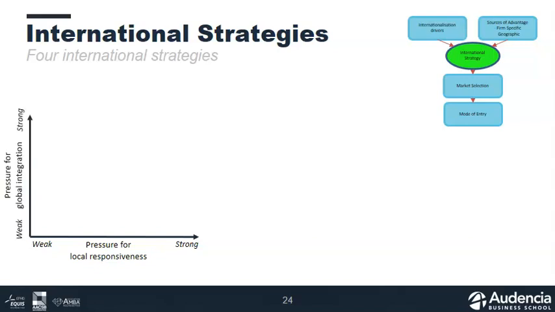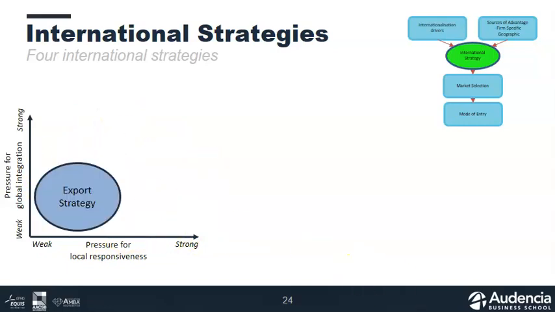And we also have pressures for global integration and global efficiency. They can be weak or very strong. I'm in a company where I've got to have production over the globe, otherwise I'm not going to have efficiency in production. So we've got this pressure to become global, and we have the pressure to respond to local needs. And our four different ways to become international find themselves in this space.